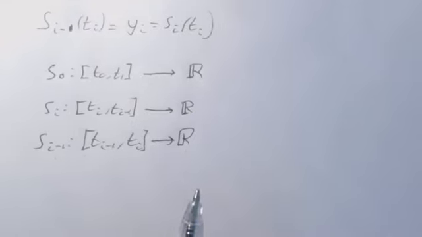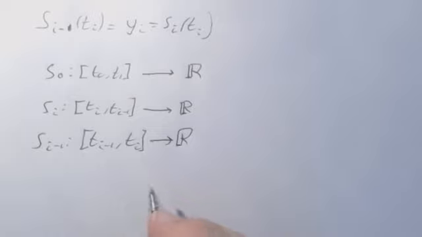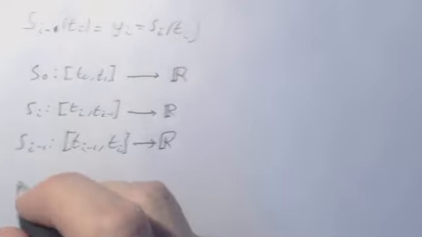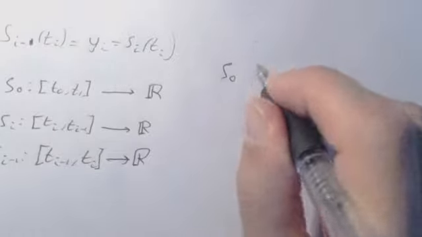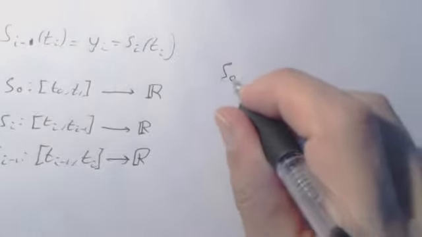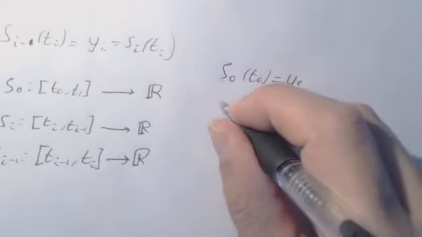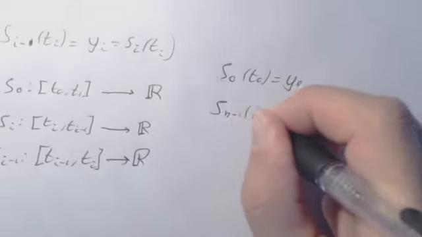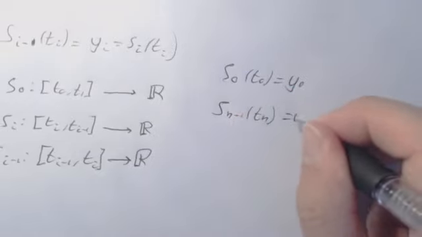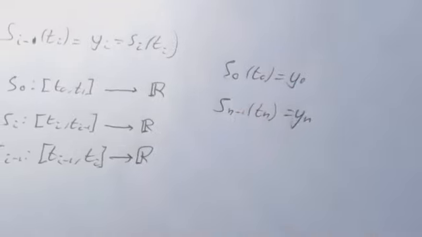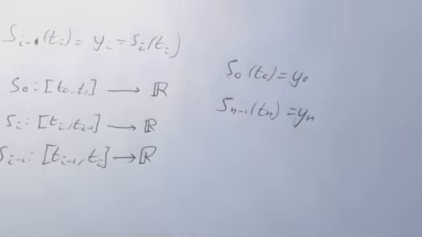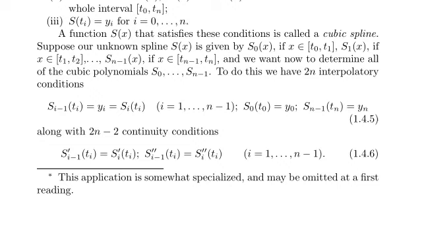And for the endpoints we've got S0(t0) equals y0, and S(n-1)(tn), this is the far right endpoint, equals yn. So they say this is 2n conditions.